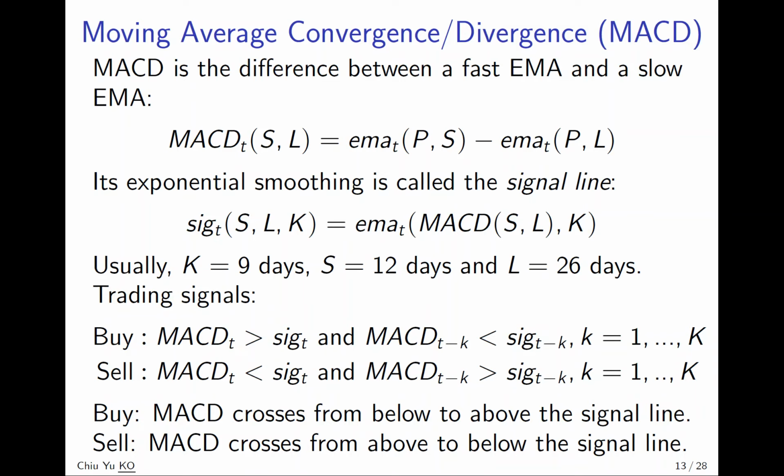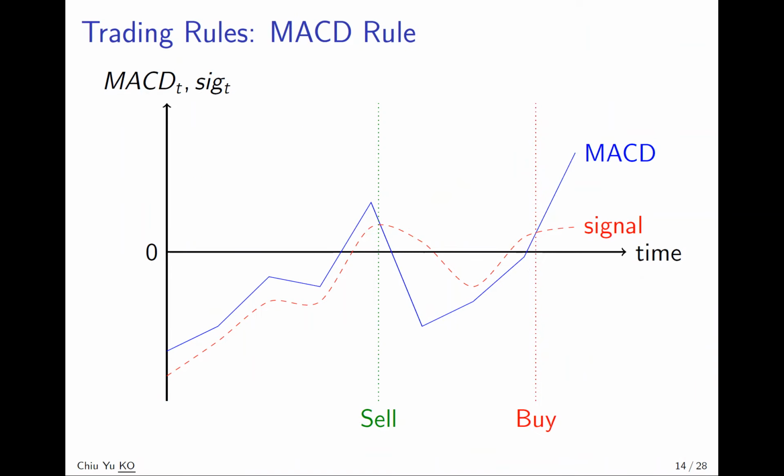So the standard rule is this: if the MACD crosses the signal line from below to above, the MACD is moving up, moving faster, then you buy. If the MACD falls below the signal line, then you sell. It's not easy to see from the formula, but look at the graphs.